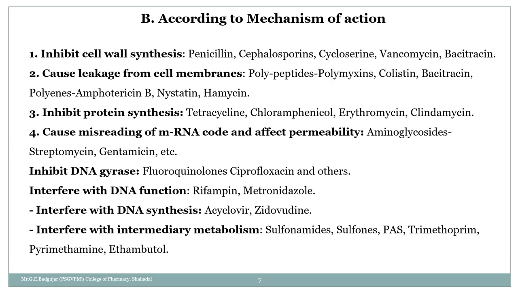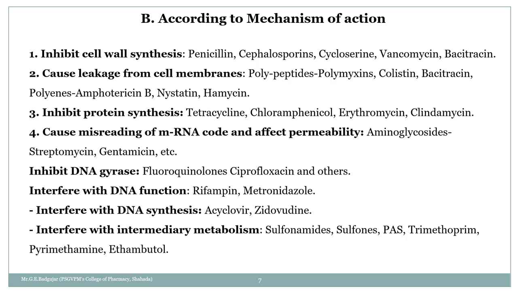Then the fourth class is the drugs which cause misreading of mRNA code and affect the permeability, like streptomycin, gentamicin, that are aminoglycosides. Some drugs like fluoroquinolones inhibit DNA gyrase, while drugs like rifampicin, metronidazole interfere with the DNA function.